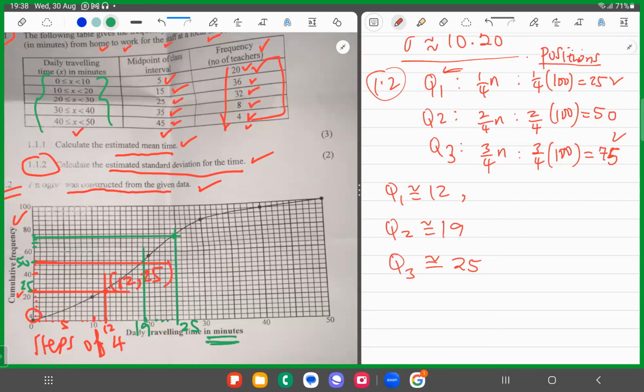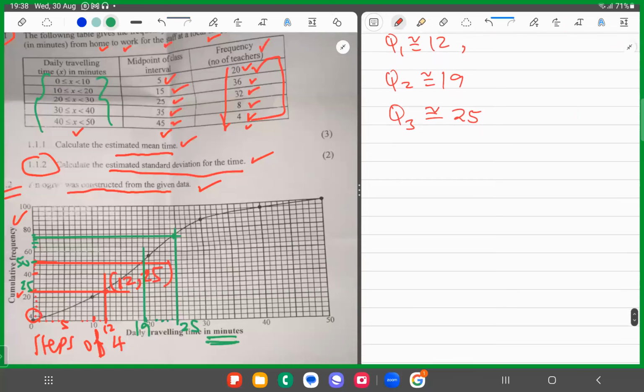I'm going to give you the formulas that can be used to find Q1, Q2, and Q3 for grouped data. Obviously you can find them for ungrouped data, but what do we do in the event of grouped data? Note the formulas.